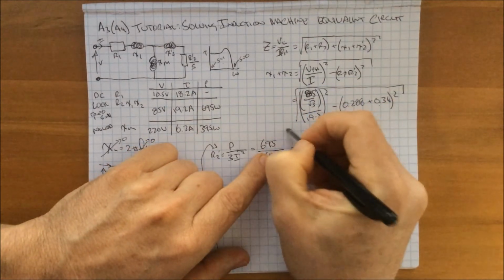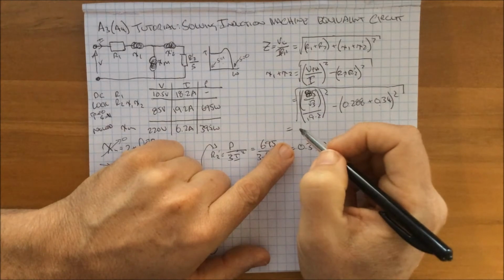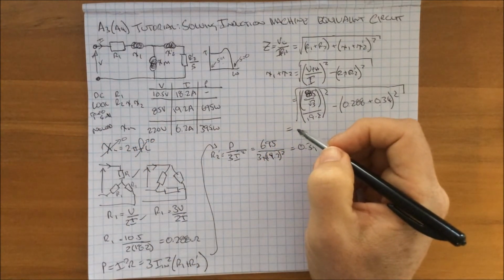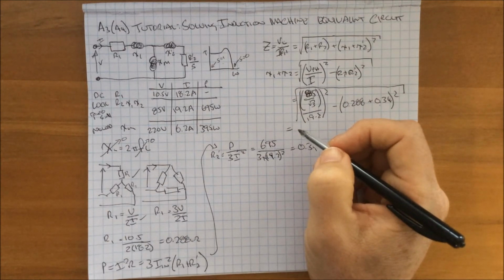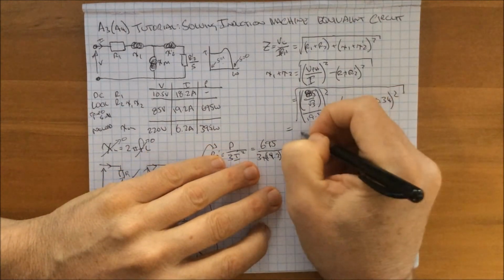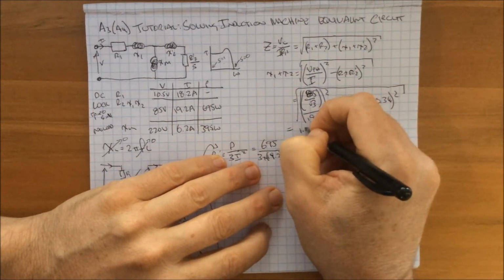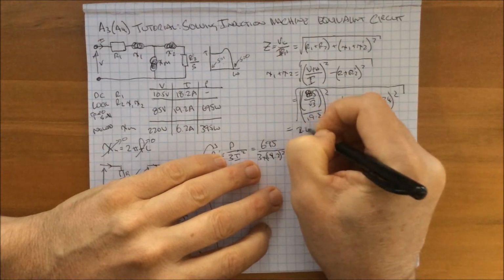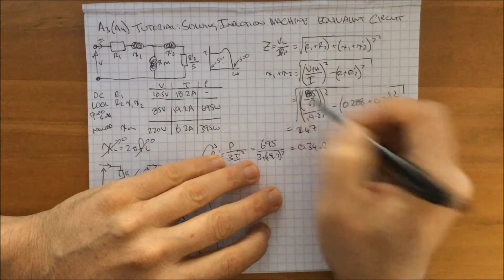And if you punch those numbers in, you end up with 2.47 for X1 plus X2.